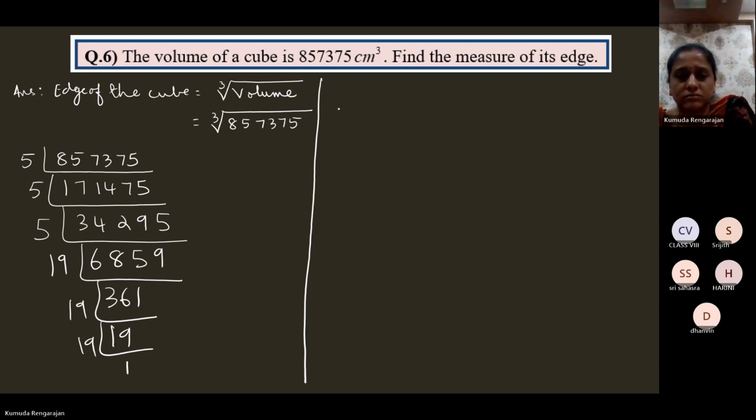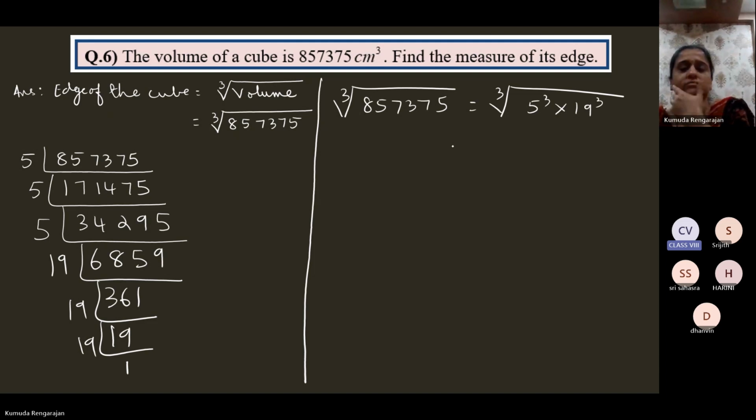Ma'am, can I tell the answer? Yeah, what's the answer? Ma'am, 5 cubed into 19 cubed, and then in the end 19 into 5, which is 95. Correct.